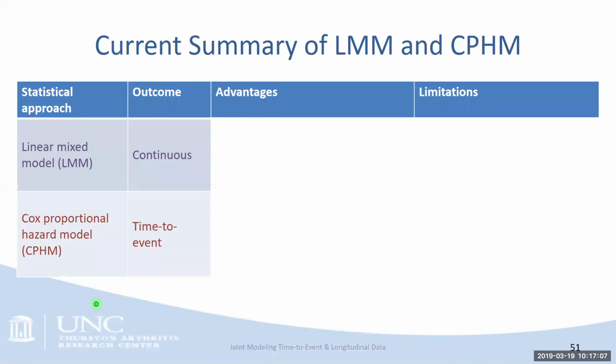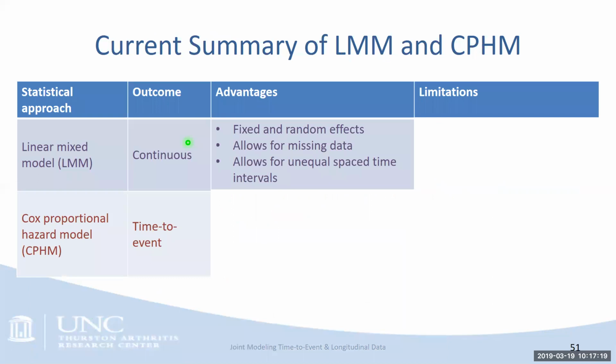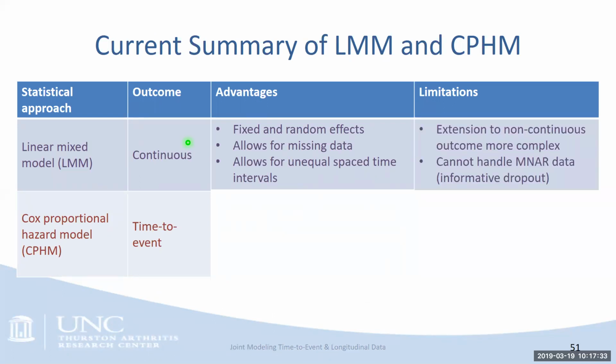So just to summarize our overview of LMM and CPHM, we saw the linear model was very commonly used and very advantageous for continuous outcomes. We talked about some of its advantages: being able to handle not just fixed, but also random effects, and how it allows for missing data, different types of missing data, and unbalanced data, including unequally spaced time intervals.